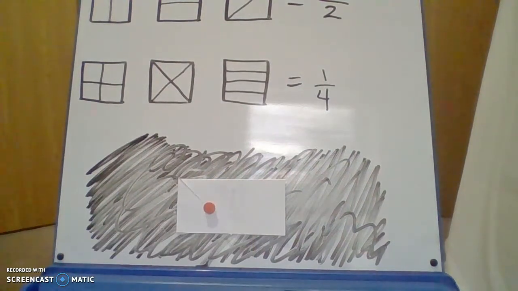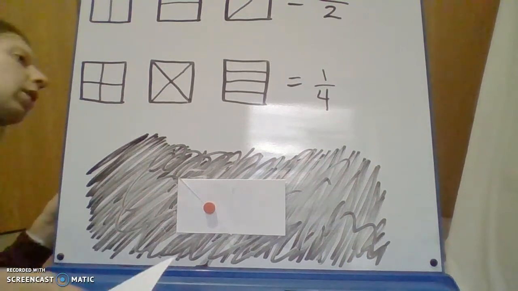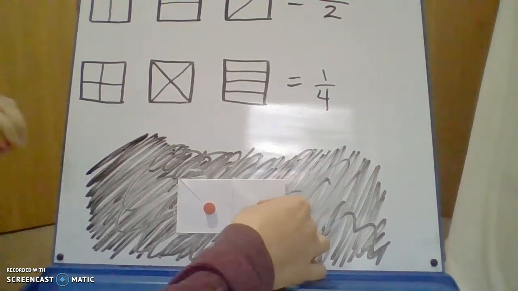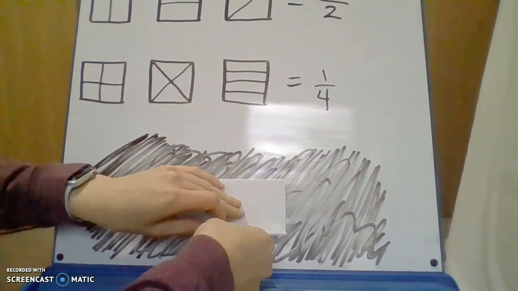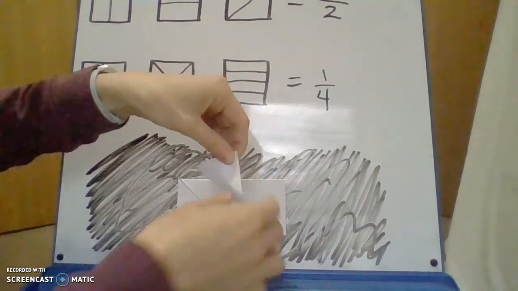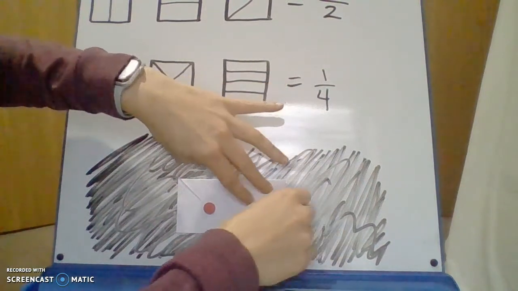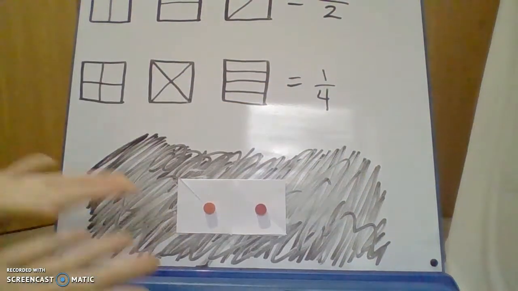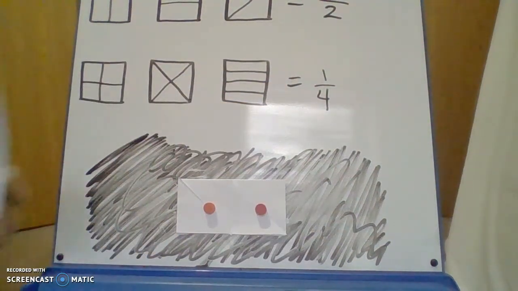I know it's probably hard to see on camera, but they're lining up very well. I'm going to take this and put that here because it fits. I'm going to flip this one and put this one here. I have no more pieces of my triangle left.